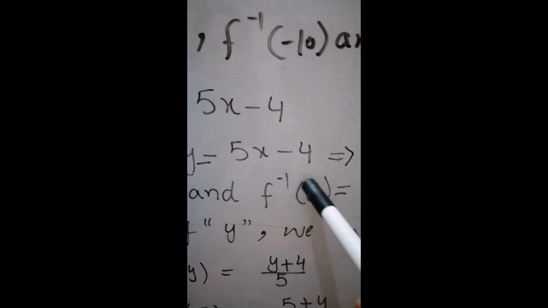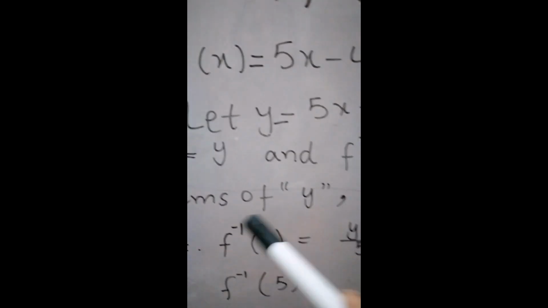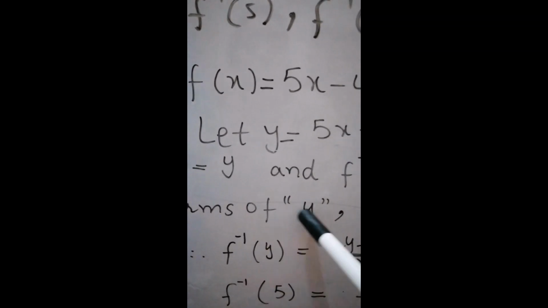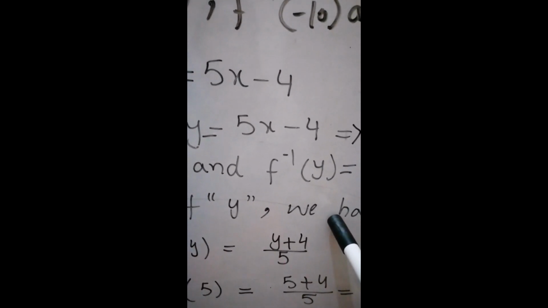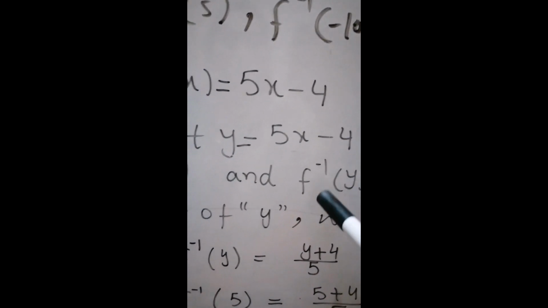So what we will do, we will say that f of x equals y, and from here f inverse of x we have to find, that is equal to x. Now we will write the whole term in terms of the y variable. As you know that the question is in x variable form and we have to find the inverse.